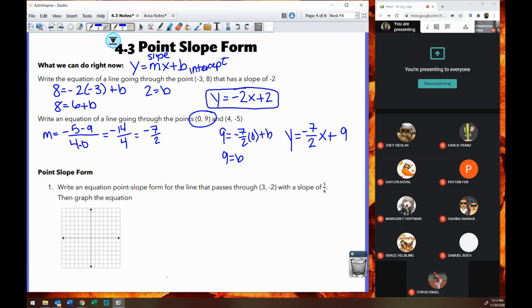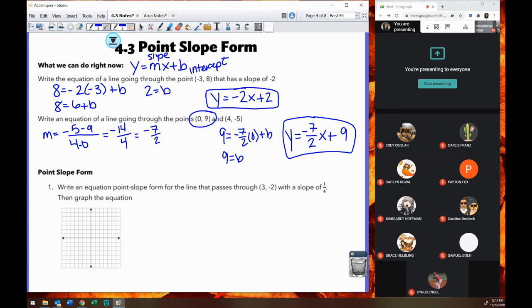You could have just answered that without going through the math, because we can see this is the point where it crosses the y-axis. And even by doing the math, we got that same answer. So that's a shortcut if you notice you have the coordinate (0, something): that something is your y-intercept. Or you can just always go through the math. But that's what we should know up until now, so we feel comfortable with that.